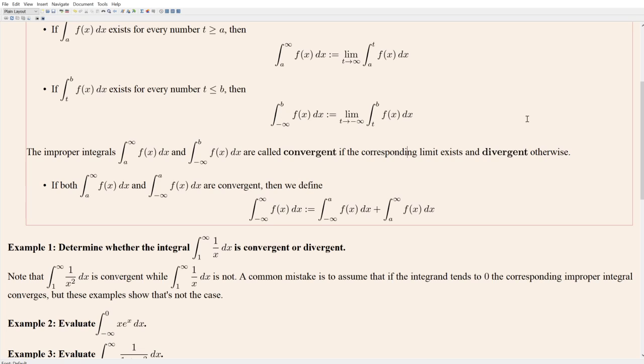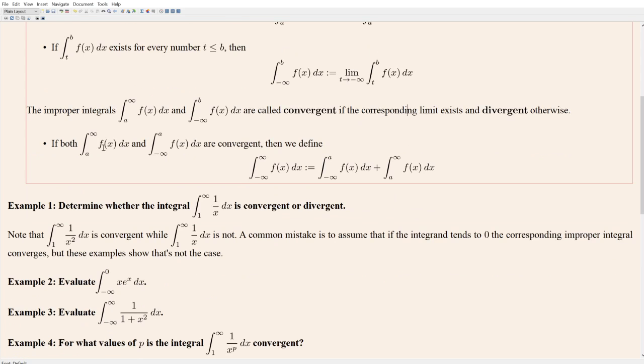If the limit doesn't exist, we say the integral is divergent. Now, if the integrals with upper limit infinity and lower limit negative infinity both exist, they're both convergent, then we define the integral with infinity in both of its limits to just be the sum of those two one-sided improper integrals. That is the case by definition.